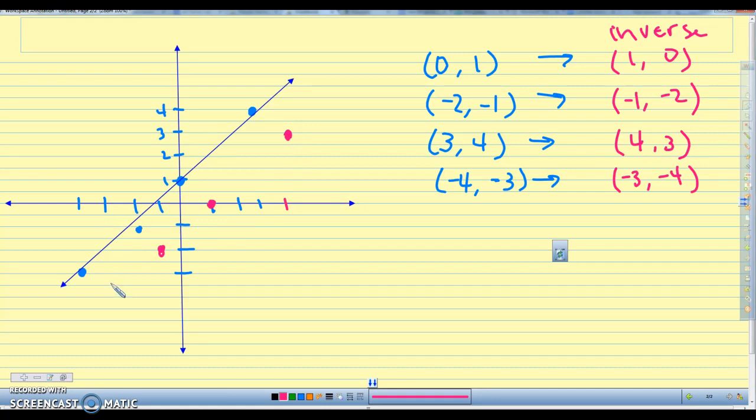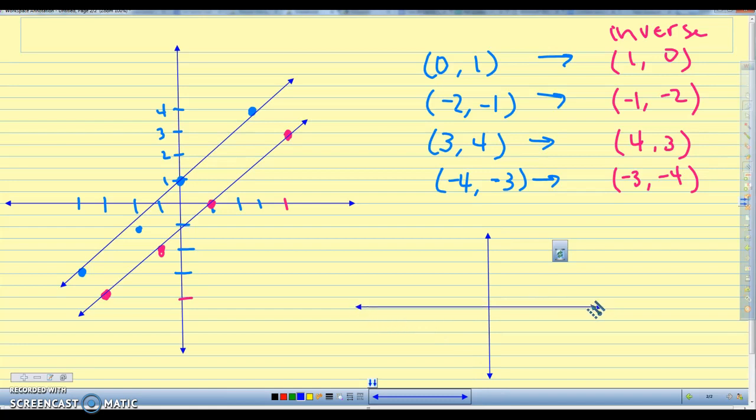And -3, -4. And I have a line that is not my original line. It's the inverse line. And this one happens to be parallel just because of the points I picked. Inverse graphs are not always parallel. Sometimes they will intersect.